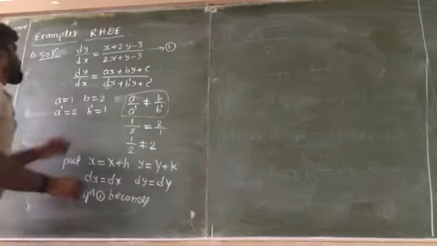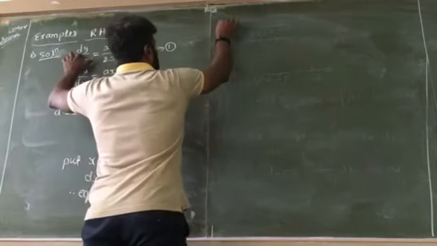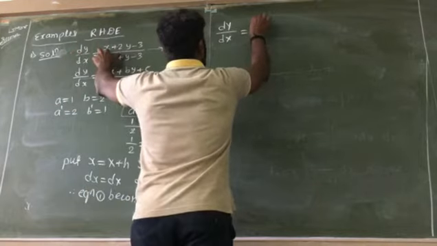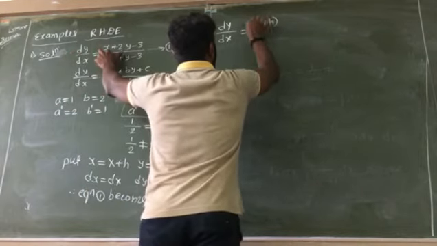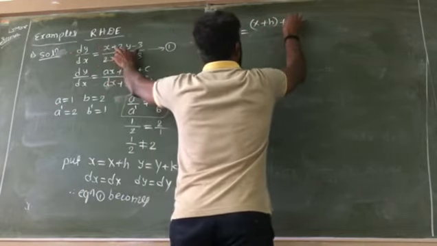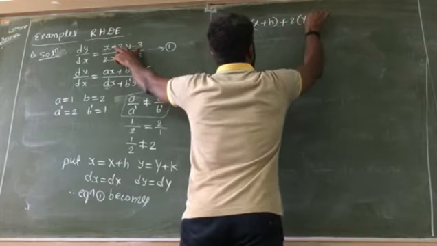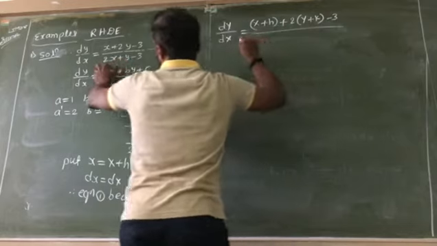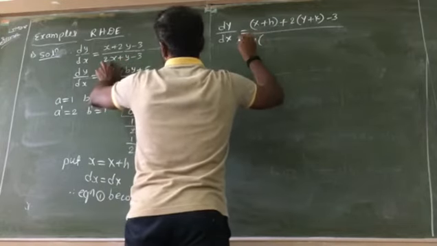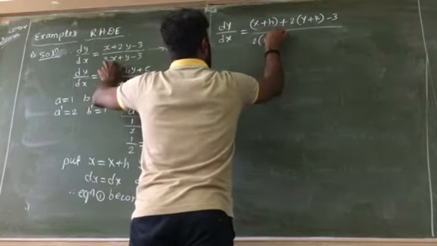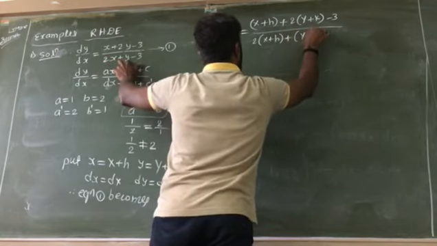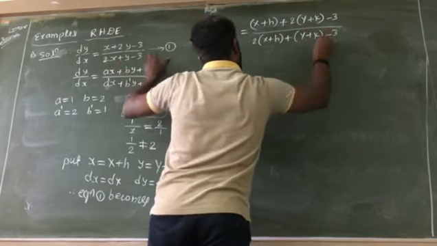capital dY by dX is equal to (X + h + 2(Y + k) - 3) divided by (2(X + h) + (Y + k) - 3).